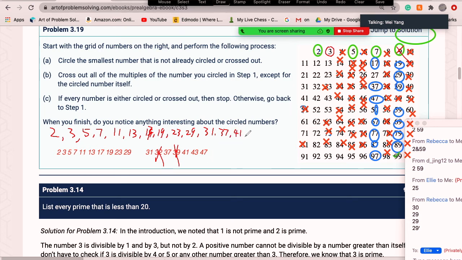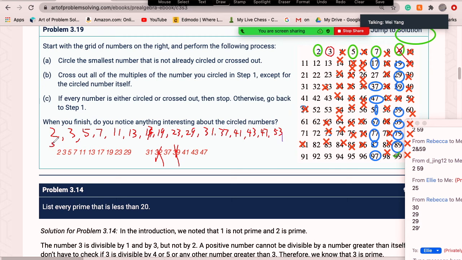So yeah, 41, 43, then 47. Yeah, this one, that's okay. Then the last one is 53. Then I'll write the rest.